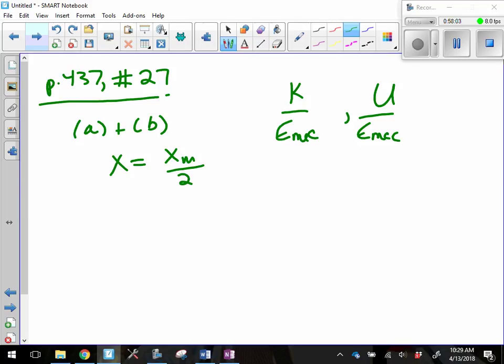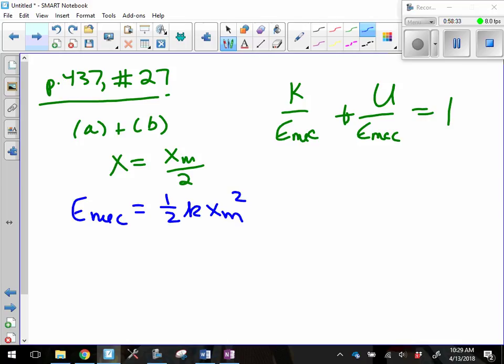Keeping in mind that I have to add those two together and they have to be equal to 1, right? So what's Emec going to be equal to? Yeah, the formula we just had, which was what? Okay, 1/2 k xm squared.